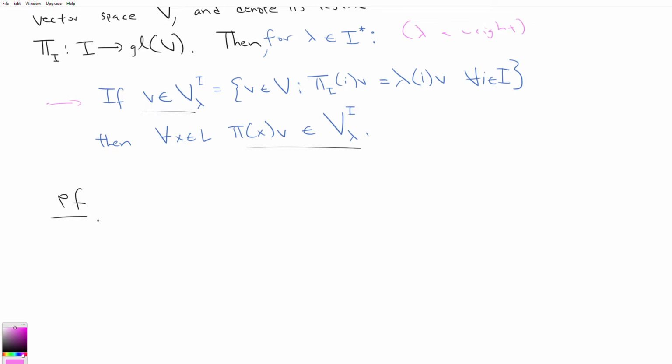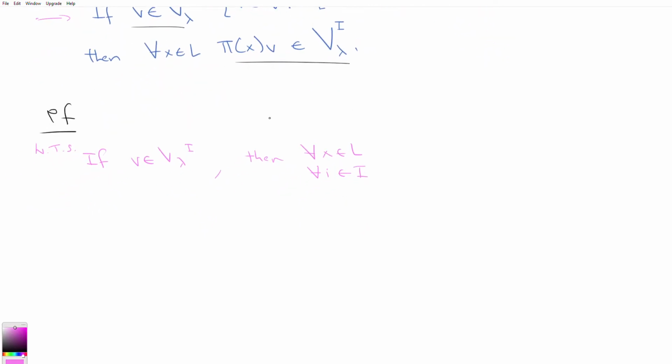And so an equivalent equation to show is that if v is an element of V sub lambda of I, then for all x in L, for all i in I, pi of i acting on pi of x v should equal lambda of i times pi of x v. And so this is just a fancy way of saying that pi of x v is an element of the weight space, right? It's identical, but now we have an equation to play with.